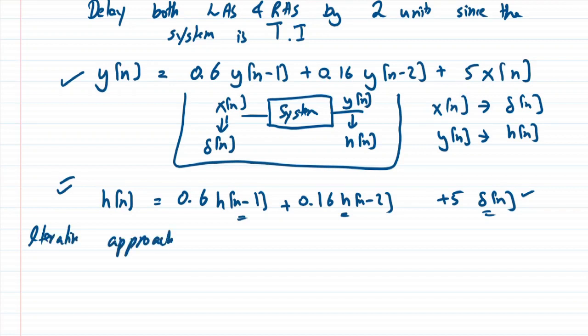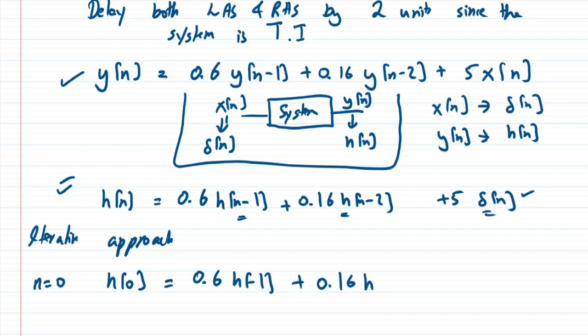we set n equal to 0, so we would have h of 0 equals 0.6 h of minus 1 plus 0.16 h of minus 2 plus 5 delta of 0. But h of minus 1 is 0 since the system is causal, and h of minus 2 is also 0.